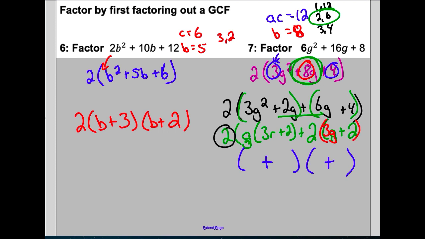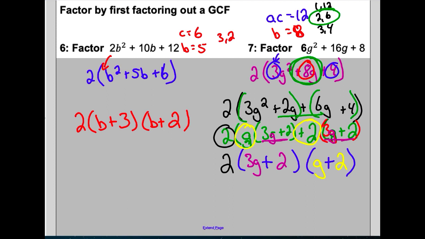So that 2 still hangs out front because I factored that out of the whole problem. Oh, sorry, I got sloppy with my variables. 3g plus 2, so that's one of mine. And then I have g plus 2.